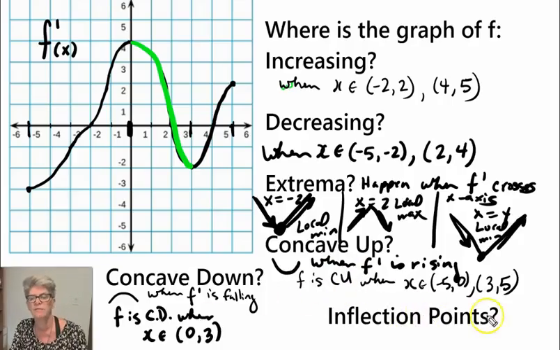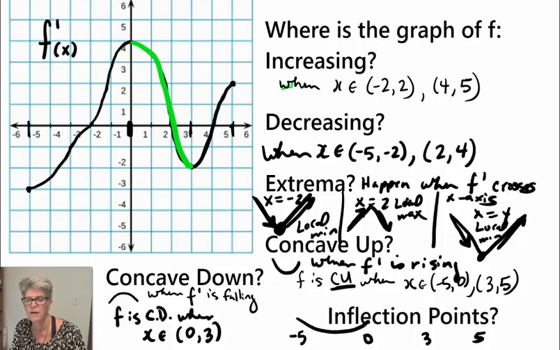Finally, will f have any inflection points? An inflection point happens where the concavity changes. So, the concavity changes at 0. We are concave up when x is between -5 and 0, and then we're concave down when x is between 0 and 3.